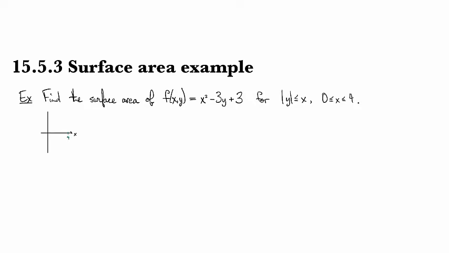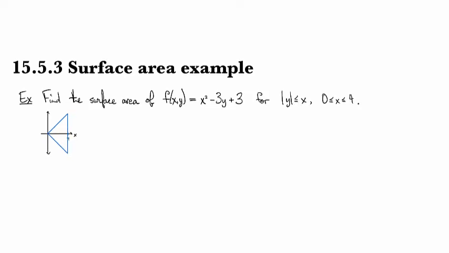And then the absolute value of y is bounded by x. So if we draw the boundary, there's y equals x. It looks something like that, and then we've got this region demarcated like so.